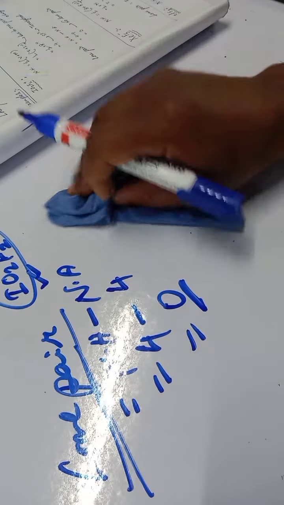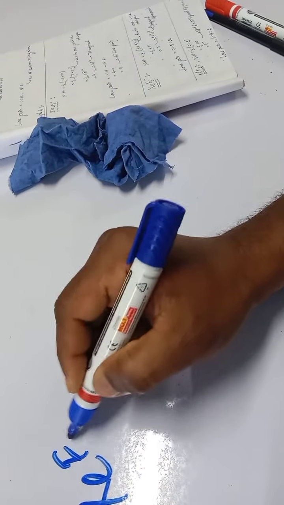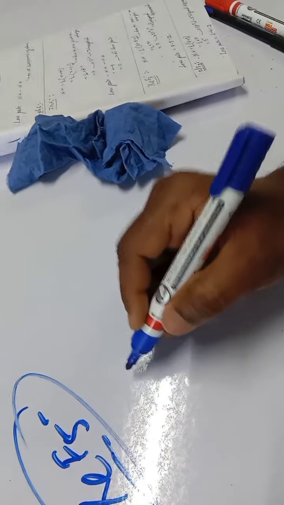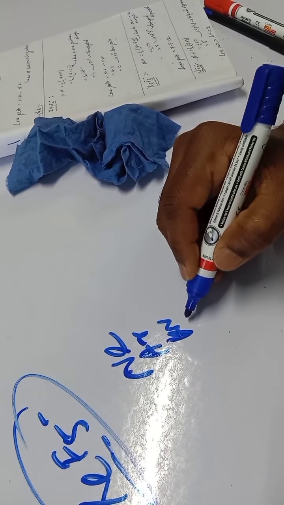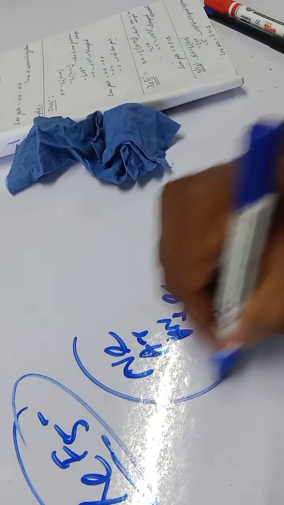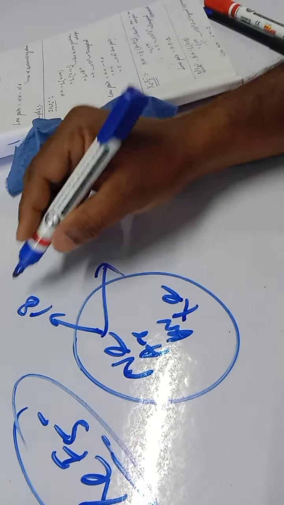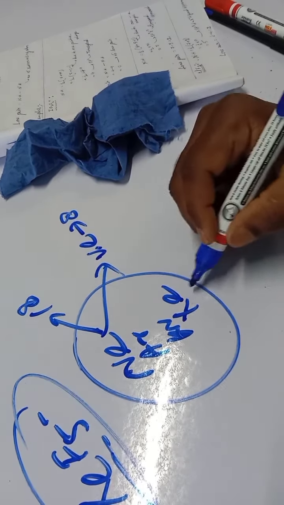Understand? For the next part, XeF5 minus, the central atom is Xe. Neon, argon, krypton, xenon are group 18 elements, and the valence electron is 8.